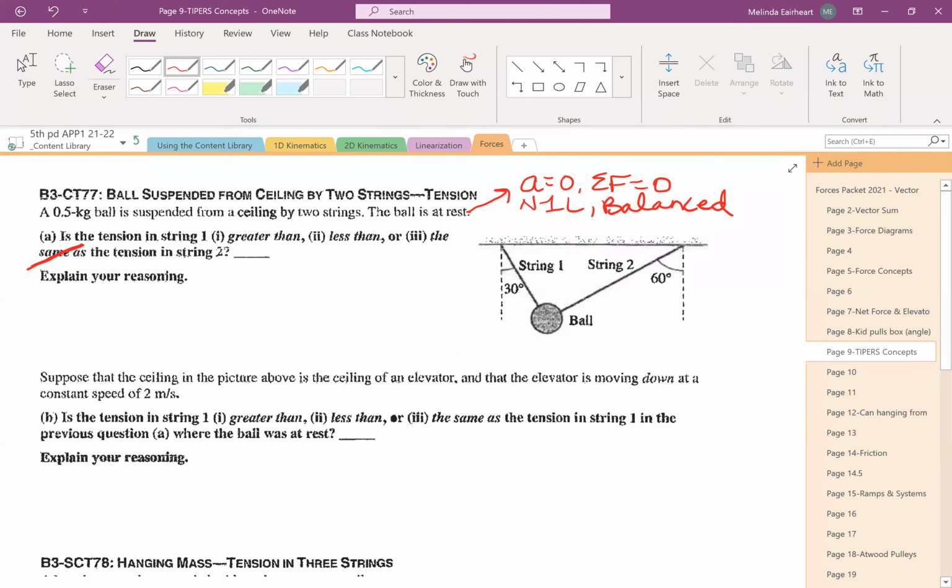This is where I've been warning you: draw your pictures out, don't just assume it's the same place as the previous angles. And then string 2 is 60 degrees, a greater angle, right? So what do you think? Which string is going to be greater?